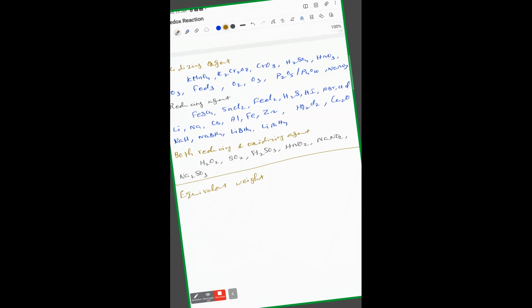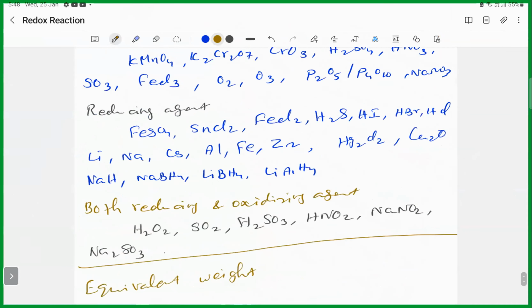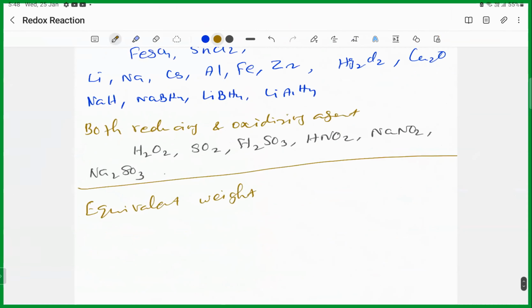For example, potassium permanganate has a molecular weight of around 158, but the equivalent weight varies with the medium, because the number of electrons transferred will be different in acidic, basic, and neutral medium.